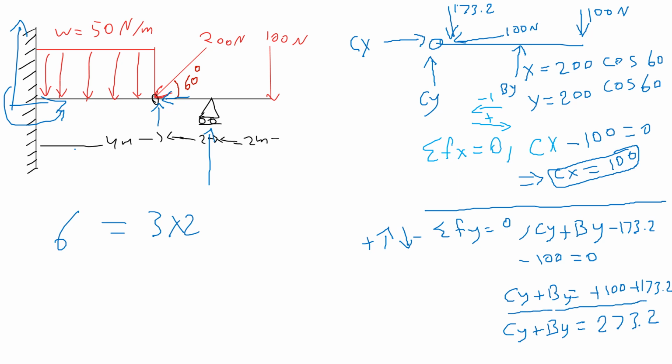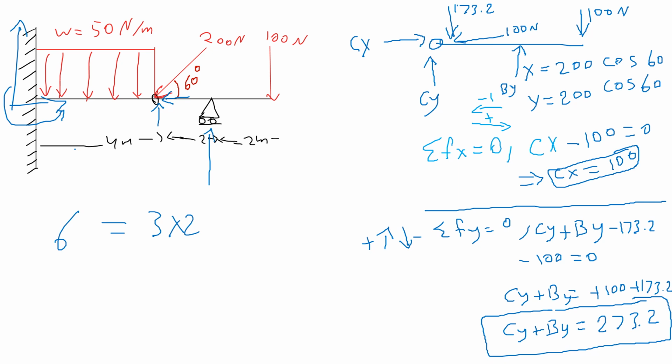So we got this, but because we have two unknowns, we can't find these two unknowns' precise values so far, but this will come in handy in checking what we get from the moment.